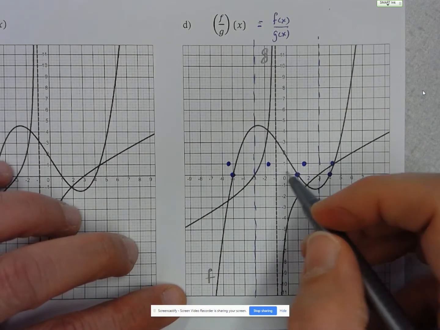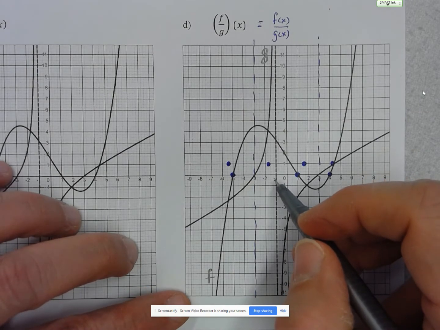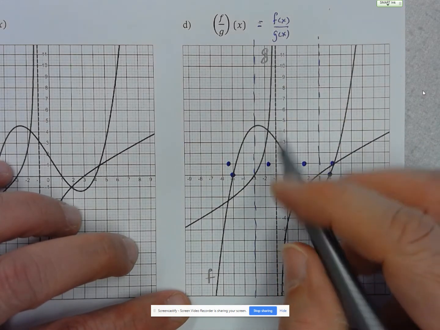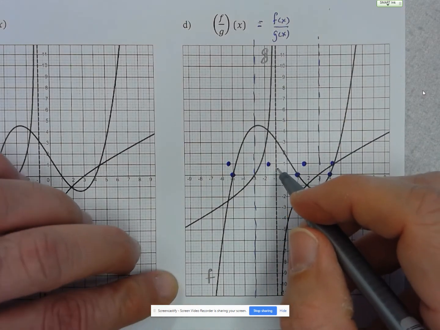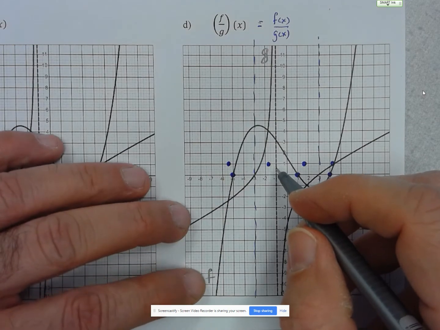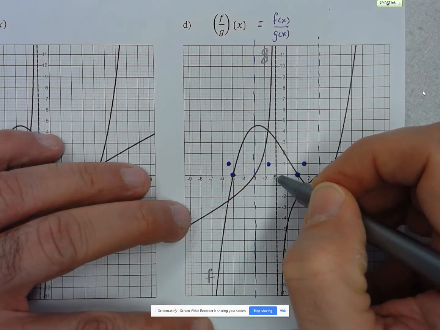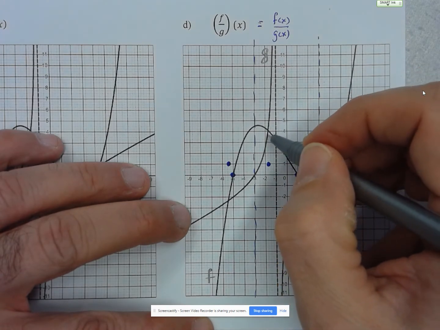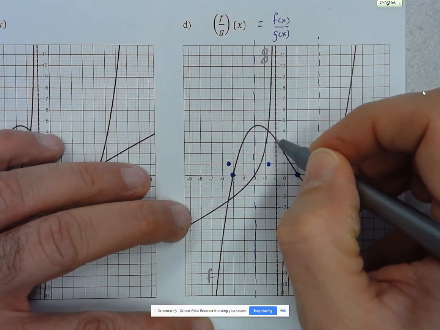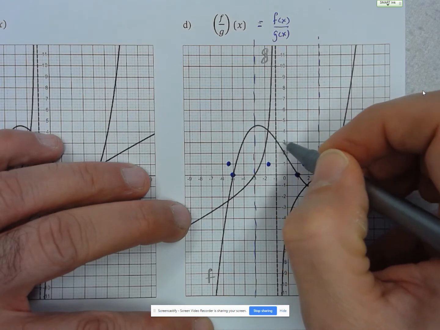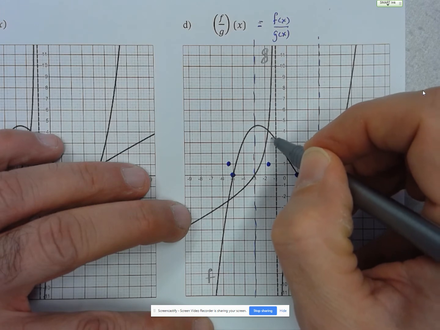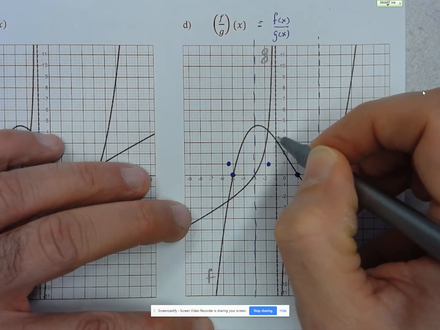Now let's see if we can figure out what's going on where this function g has an asymptote. What's going to happen when I take f over g? All right. So this is one of these things that's not clear cut. So we're going to have to do a little bit of analysis here. I'm going to start by looking to the left of -1. Let's take a look at the behavior of the function f in the numerator. Well, that's equal to some number just above, maybe 3.2. So these are y values just above 3.